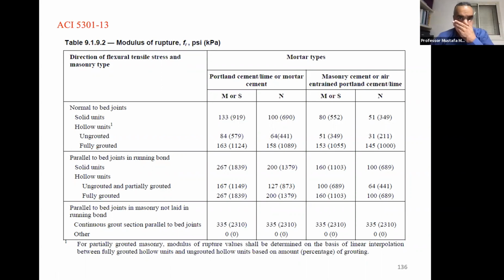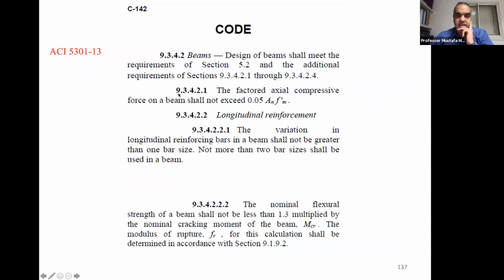Now for beam design, that's given in section 9.3.4.2, which defines what a beam is, typically one without axial load, so it's less than 5% of the net area multiplied by the compressive strength of the masonry.